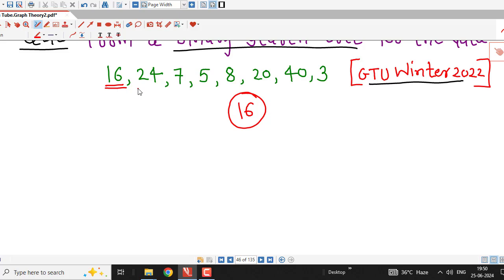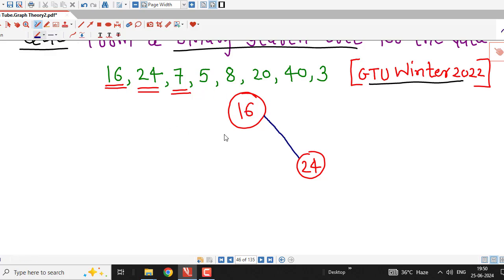Now the second value is 24 and it is greater than 16. So 24 must be to the right side of 16. So here I am writing 24. Next value is 7. So we will compare 7 with 16. 7 is less than 16.